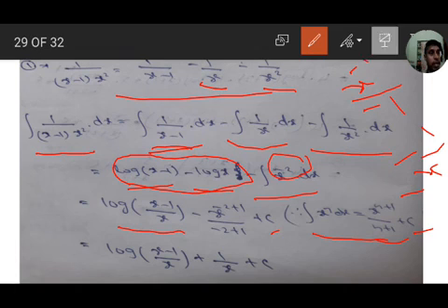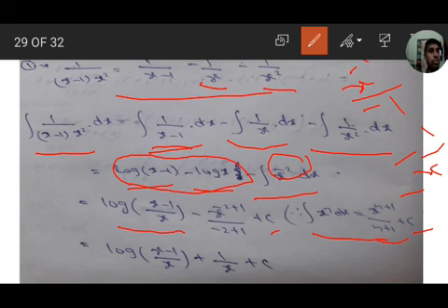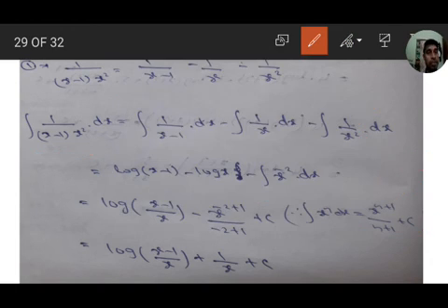Minus 1 comes to denominator, it is plus x, minus 1 by x, minus already there, minus minus plus, so 1 by x. Therefore final answer is log of x minus 1 by x plus 1 by x plus c.